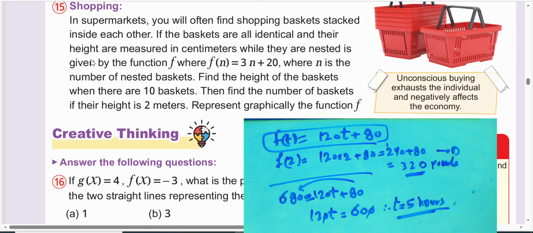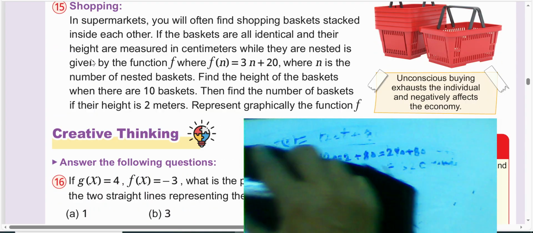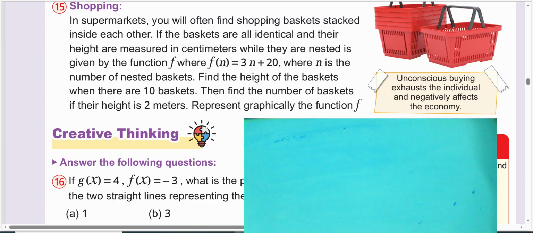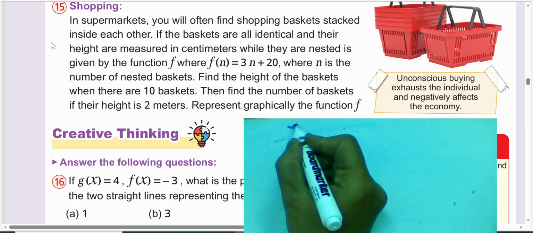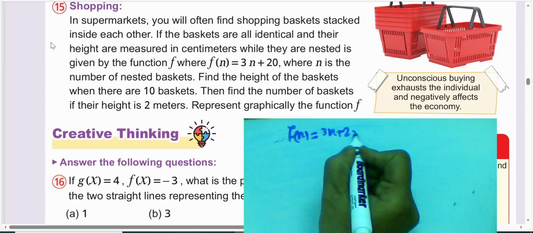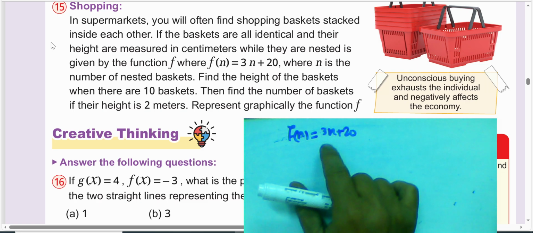Shopping. In supermarkets, you will often find shopping baskets stacked inside each other. The baskets are all identical and their height is measured in centimeters. This means the function f of n equals 3n plus 20, where n is the number of nested baskets.